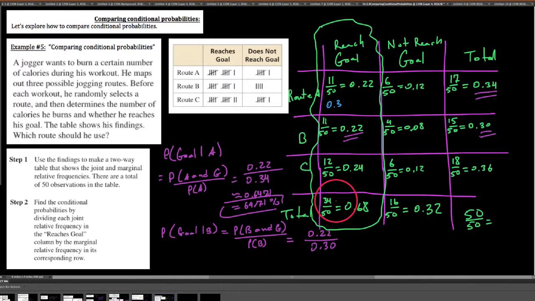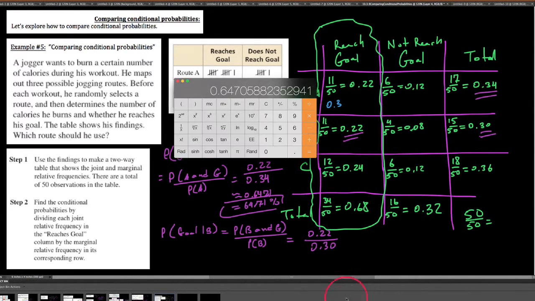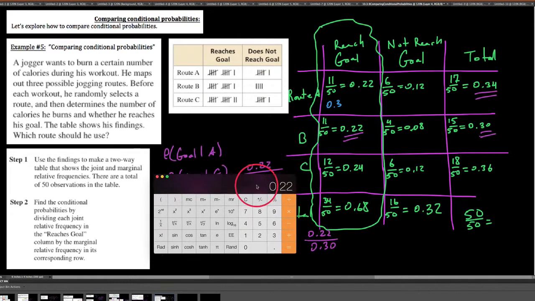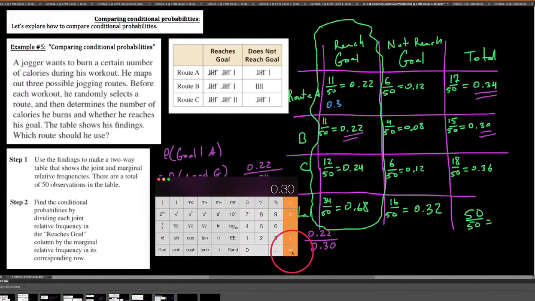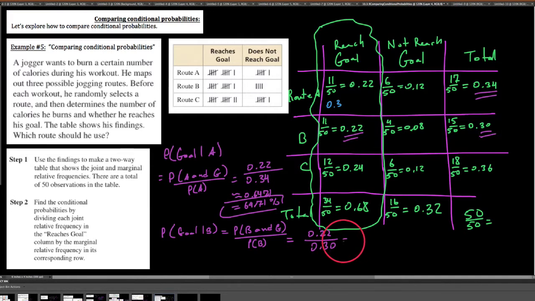So we say 0.22 divided by the total number of times running route B. This should represent the total overall percentage of route B runs that he reached his goal on. Taking that 0.22 and dividing by 0.30, we get about 73.33% of the time. I'm going to skip straight to a percentage on this one. So far, route B is probably the best possible chance.